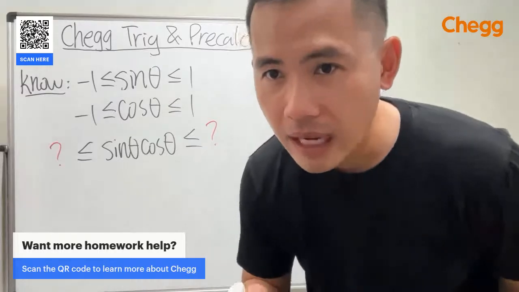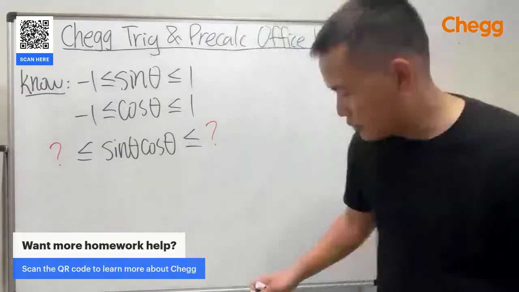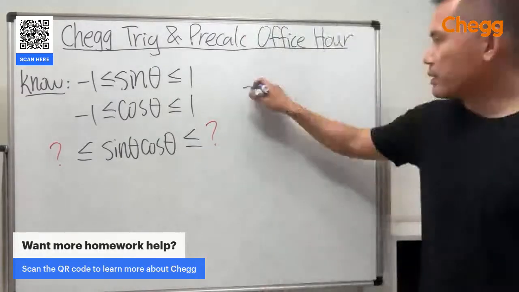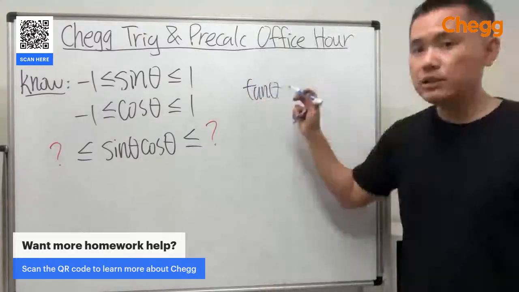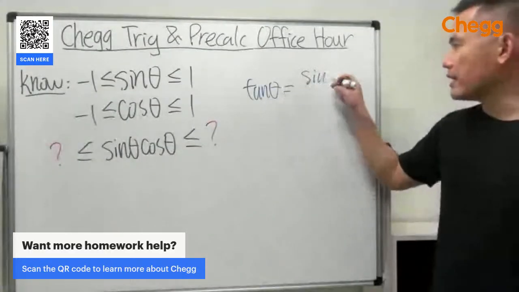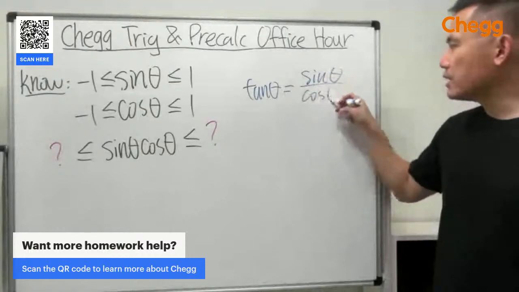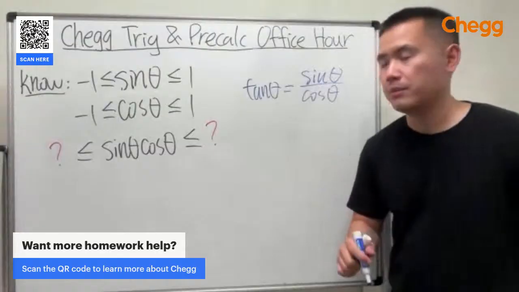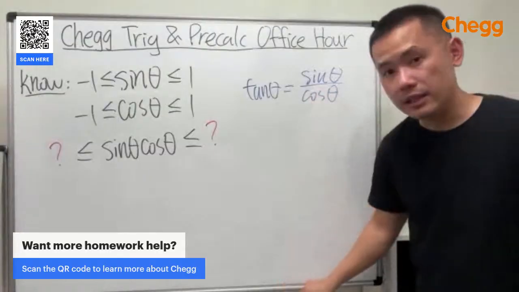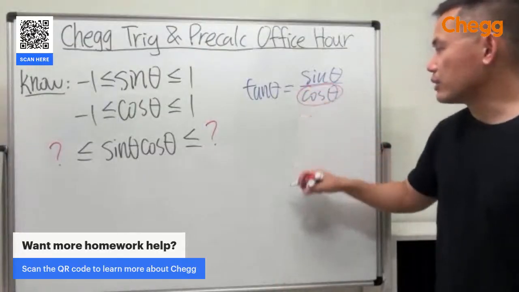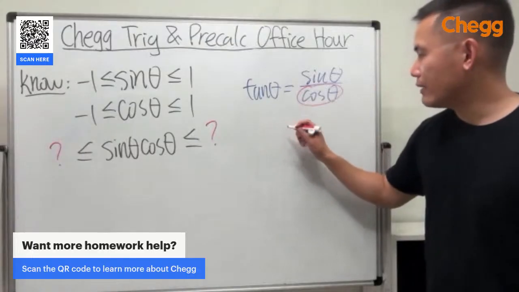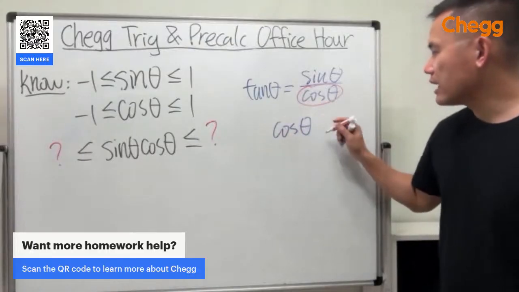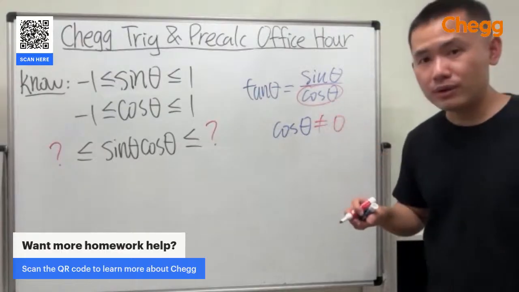How do you get the domain for tangent theta? Well, remember, tangent theta is the same as sine theta over cosine theta. So the idea is that we have a fraction, with an expression on the bottom. That means we have to make sure the expression on the bottom is not equal to 0. So the domain is that cosine theta cannot be equal to 0.